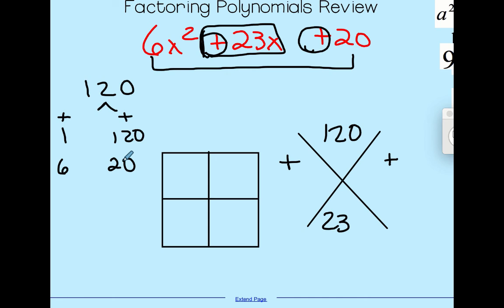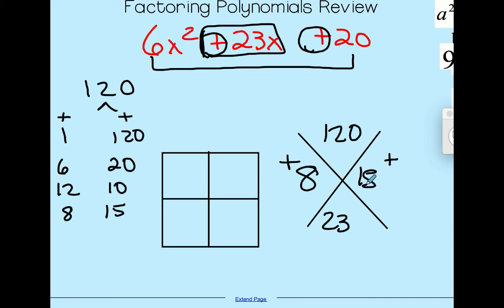So let's say I did 12 and 10. Now they add up to 22. Okay, so when you do get kind of stuck and it's a big number, which hopefully we won't use that often, you can always do a factor tree. So let's try 8 and 15, because 8 times 15 also makes 120. And what do 8 and 15 add up to? 23. So that's our two numbers.